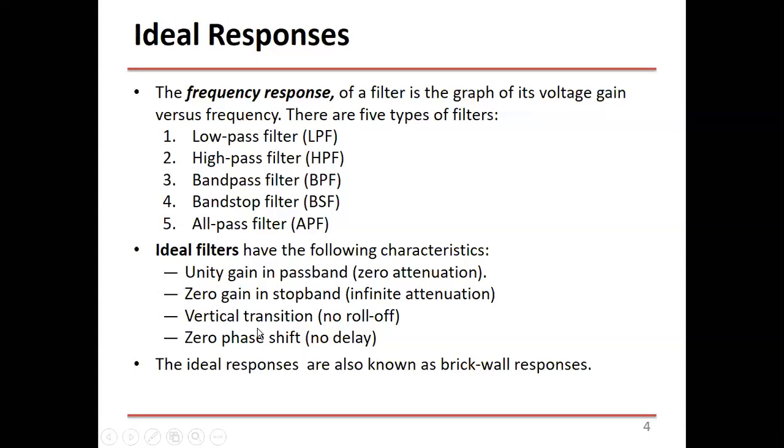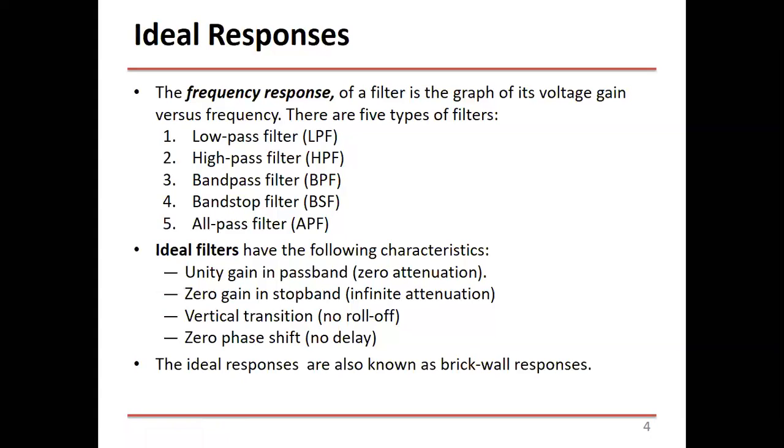So the filter makes the transition from the pass band to the stop band in no frequency. So suddenly it goes from the pass band to the stop band. So there is no roll off. And finally, the phase shift is 0. This filter doesn't make phase shift, or at least it makes a linear phase shift, okay? But ideally, we can assume that the phase shift is 0. When the phase shift is 0, that means that you have no delay, because phase shift produces delays, okay?